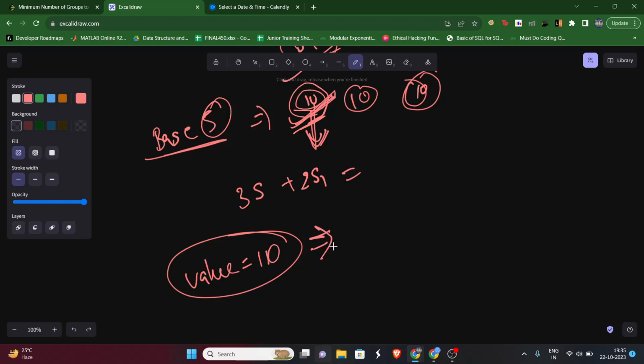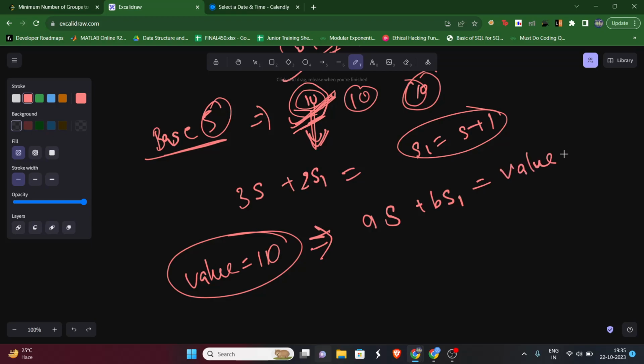So what we need is to split it into groups such that the size of any group is either S or S1, and we know that S1 is nothing but S plus 1. So a times S plus b times S1 should be equal to the value. Are you getting what I'm trying to say?